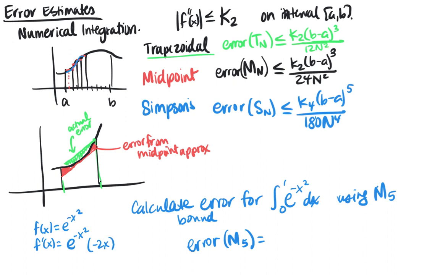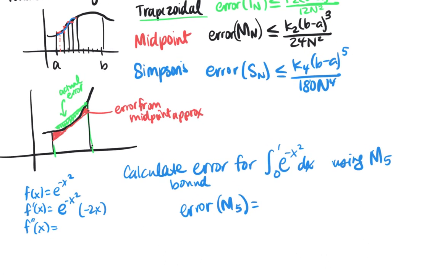And then for f double prime, I'll have to use the product rule and chain rule. So I'll have e to the negative x squared times negative 2x times negative 2x, plus e to the negative x squared times the derivative of negative 2x, which is just negative 2.